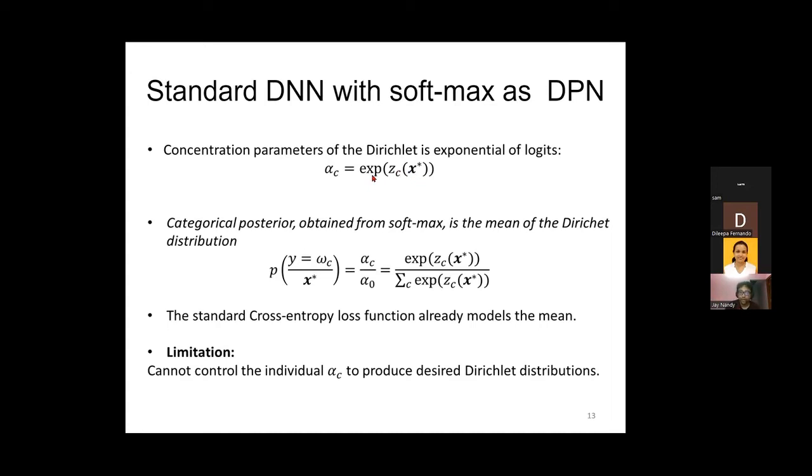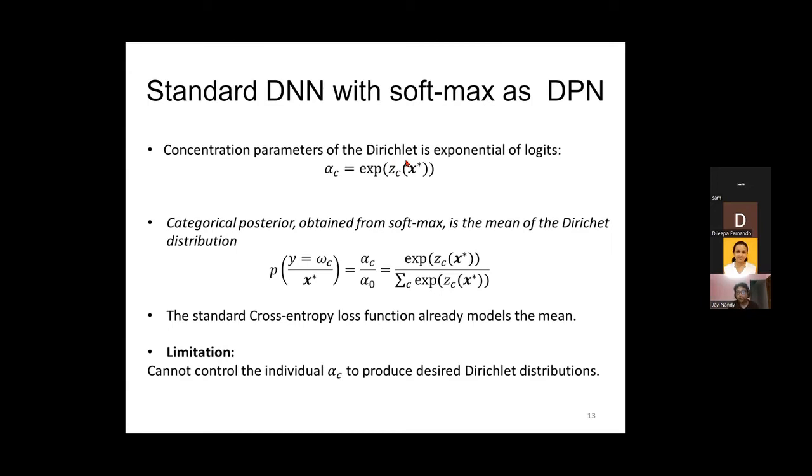When you apply the exponential of that, you get values which are always greater than 0, and that's all we need to produce a Dirichlet distribution. So we take the real-valued output, apply the exponential, and that is our desired Dirichlet distribution representation.